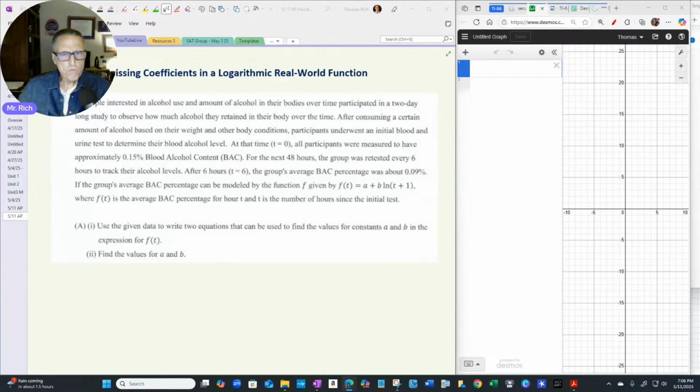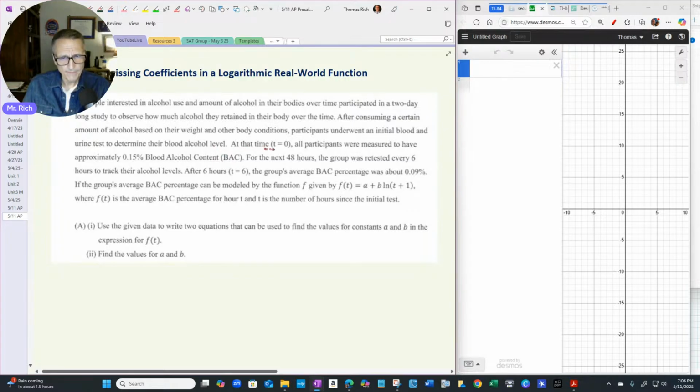The first question is: 20 people interested in alcohol use and the amount of alcohol in their bodies over time participated in a 2-day-long study to observe how much alcohol they retained in their body over time. After consuming a certain amount of alcohol based on their weight and other body conditions, participants underwent an initial blood and urine test to determine their blood alcohol level.